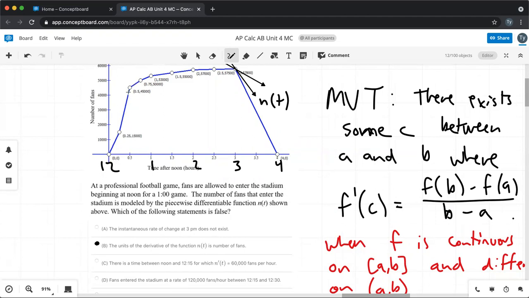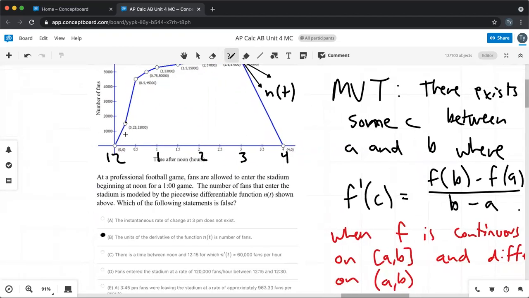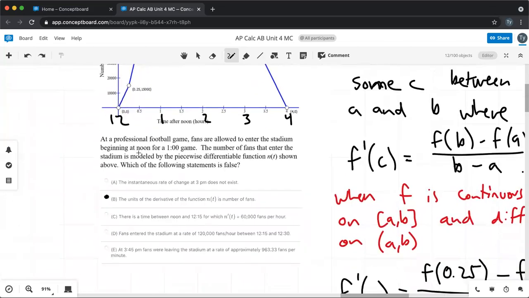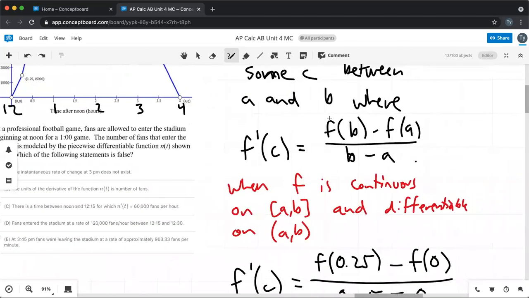Same thing, 0.5 corresponds to half an hour after noon. So 12:15 and 12:30, that's this interval here.